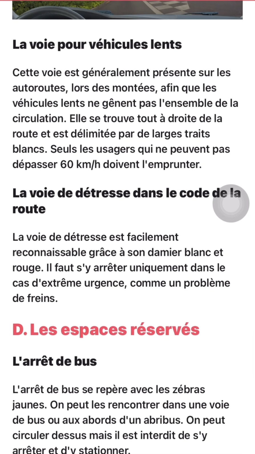That shows that when there is brake failure, maybe your brake is not working very well and you see red in your vehicle, then this voie de détresse is where you are going to park your vehicle, only for emergency stop. It is something that you cannot take to the next bus stop; you need to stop. They always have it on the highway.